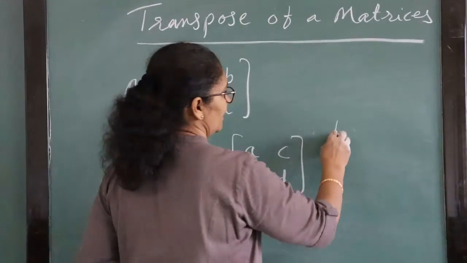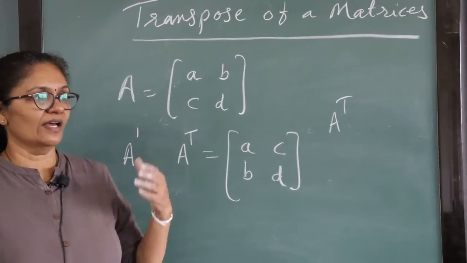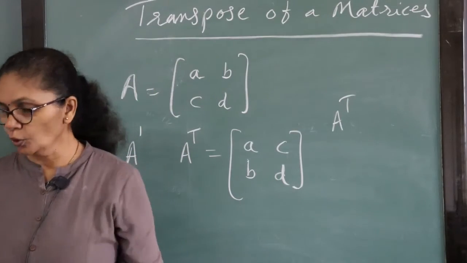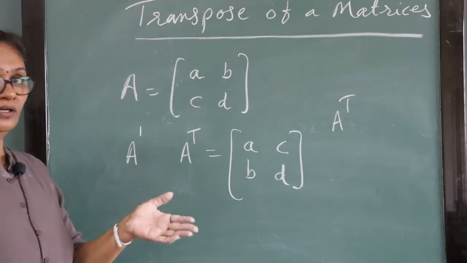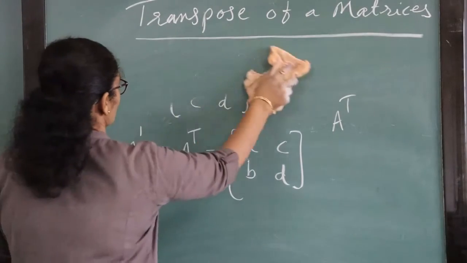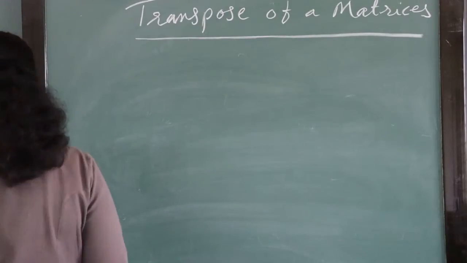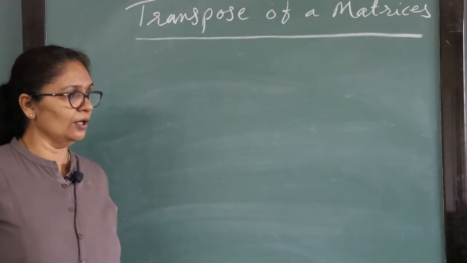What is the meaning of it? Transpose is like what we learned in set theory: we write the complement, the same thing, but here we are interchanging rows and columns. Now in transpose we have to learn a few rules. The definition is clear: if we interchange all the rows with all the columns, we get the transpose.